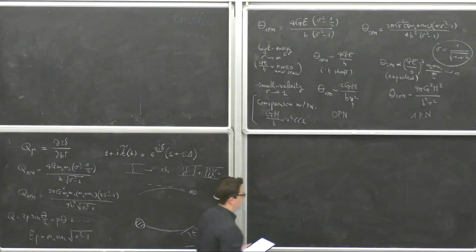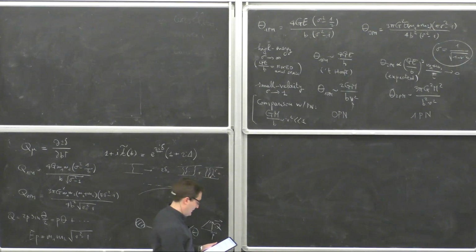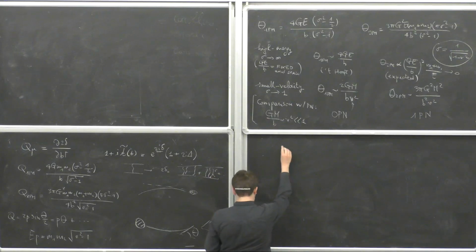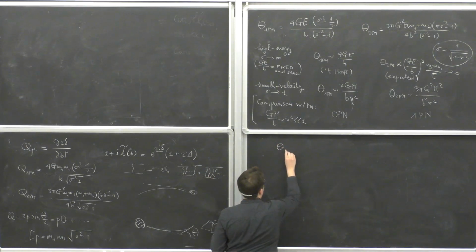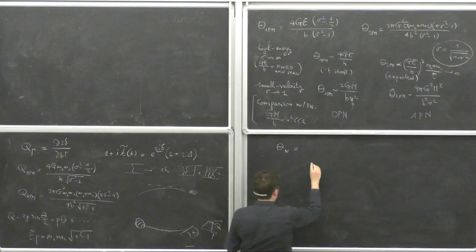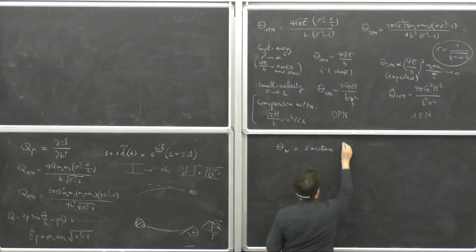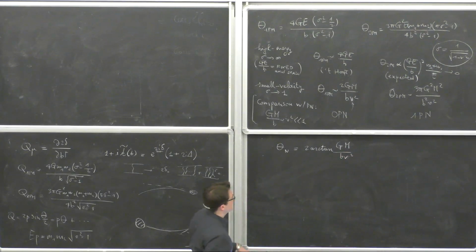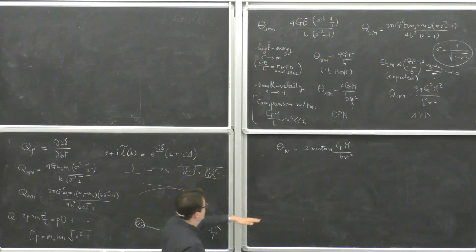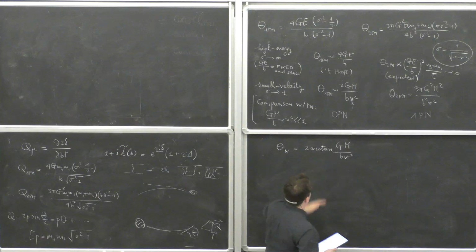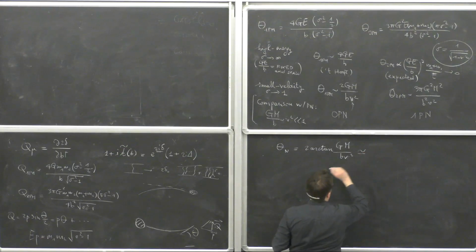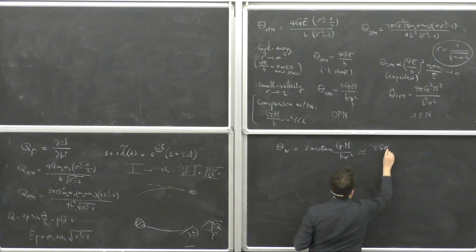So let's compare with this result. If you solve the two-body problem in the Keplerian setup, what you find is that theta Newtonian is 2 times, and you can write it in several different ways, the one I have here in my notes is the arctan of GM over B v squared. And so here I come back to a question I was mentioning when answering a question earlier on. The two results are not the same. What is true is that if you now re-expand this for small G, they become the same.